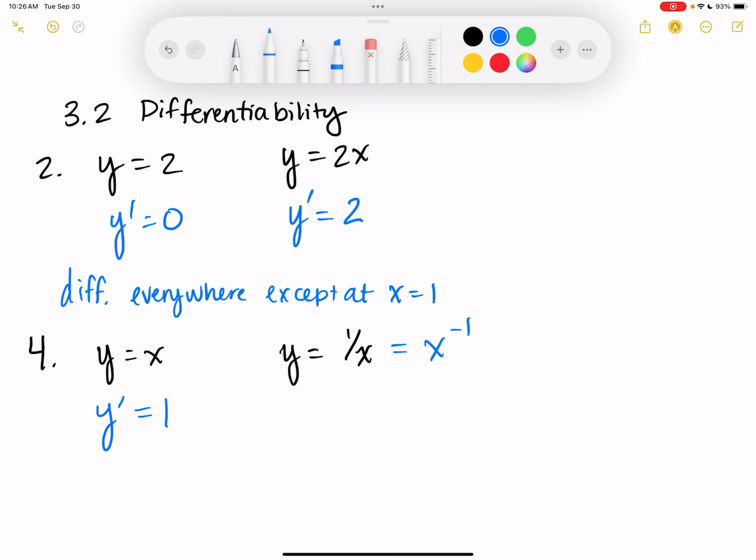So I would rewrite it this way, which makes it nice and easy. Then we take this negative 1 and put it in front, so that would be negative x. Then we subtract 1 from the exponent, so it would be to the negative 2, which we could rewrite as negative 1 over x squared, and that is what the derivative ends up looking like.